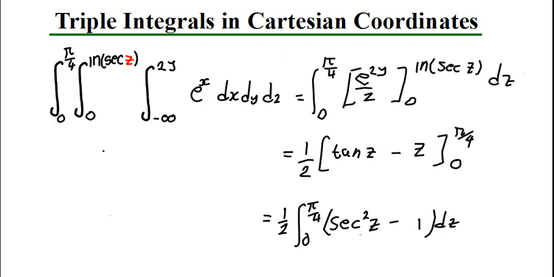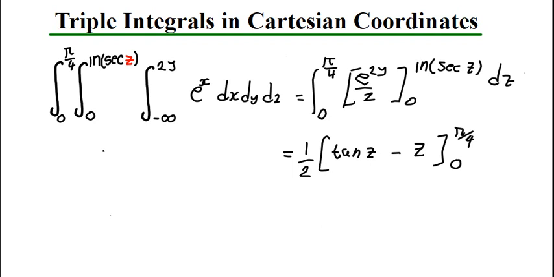Once again, no need of taking 0 into consideration because tan 0 is actually 0. Where am I getting this from? It's very simple. Tan z is equal to sine z divided by cos z. Sine 0 is 0, and cos 0 is 1, so that's why we are saying tan 0 is 0.